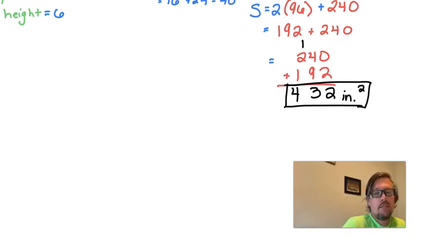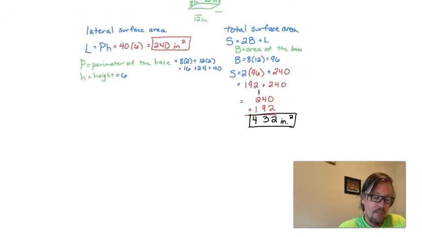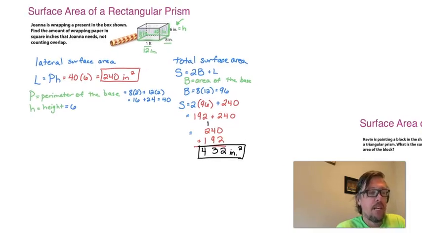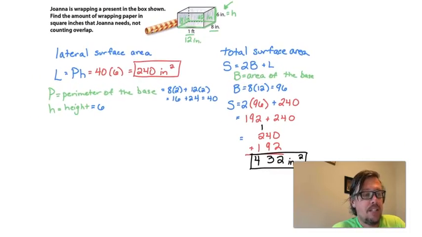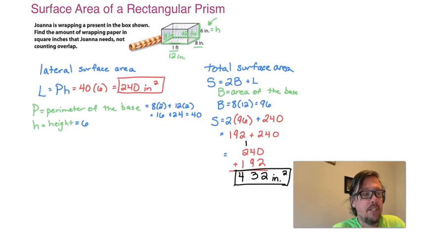But if you are a present wrapping expert and you can do it perfectly the first try, 432 square inches is how much wrapping paper you will need. Might be more appropriate to just say the surface area of this rectangular prism is 432 square inches, and perhaps you can decide based on your wrapping abilities how much wrapping paper you will need to successfully wrap a box that size.